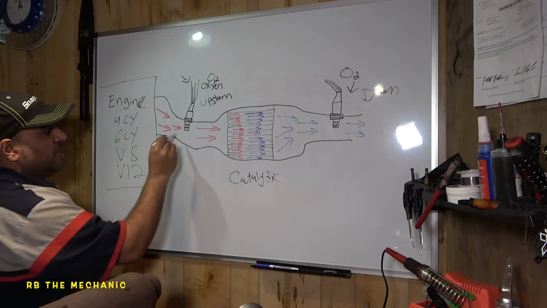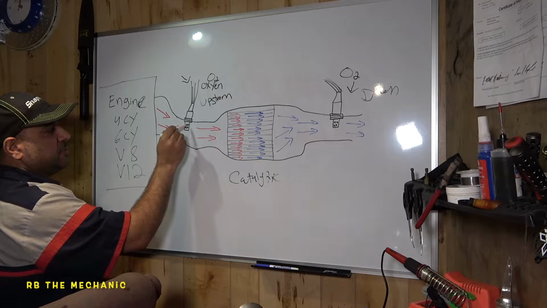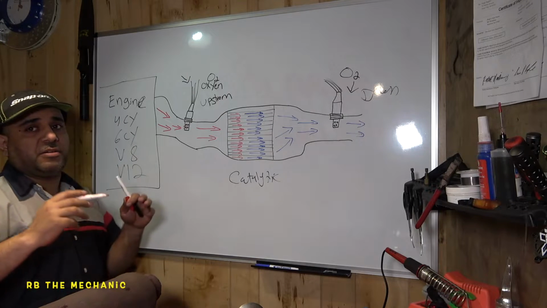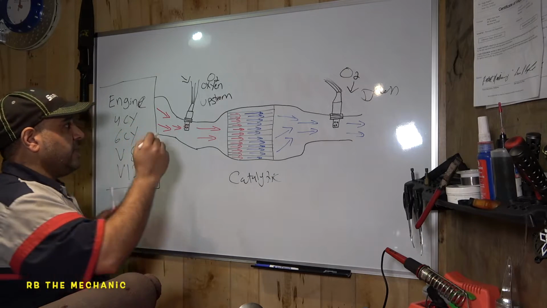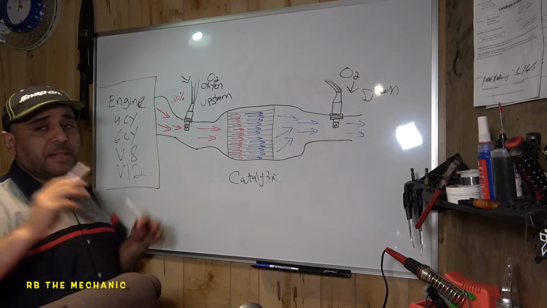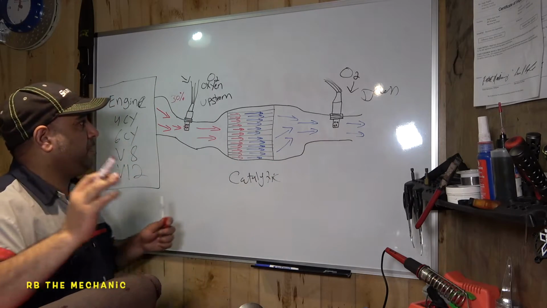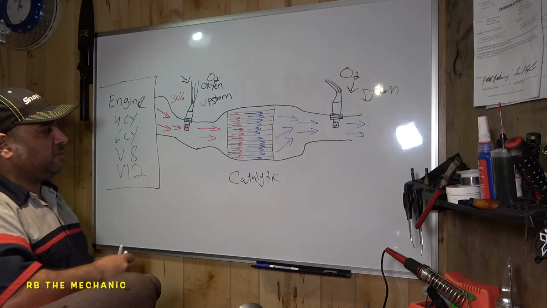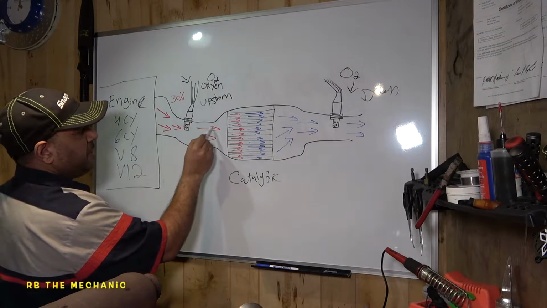What they're going to do is hit this oxygen sensor, okay? This oxygen sensor is going to create a voltage signal. It's going to say 30% pollution, let's put it that way. The job of this catalytic converter here is to take that 30% pollution.